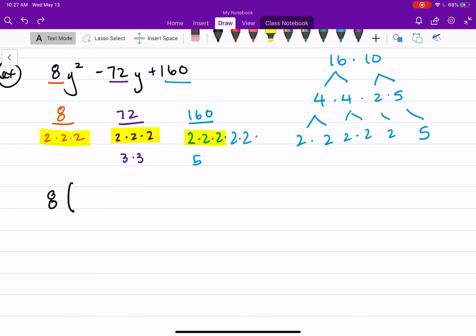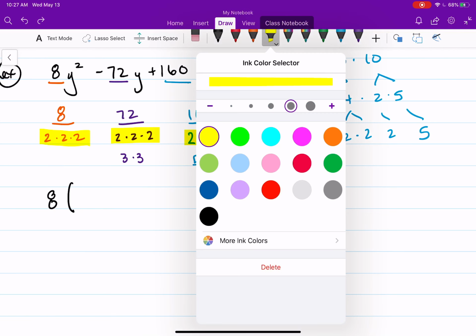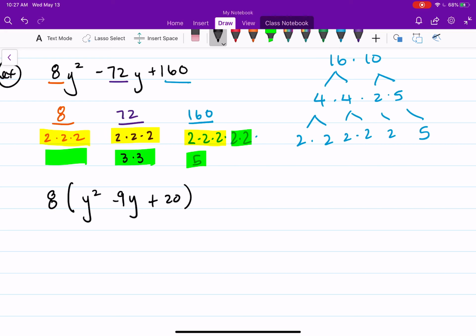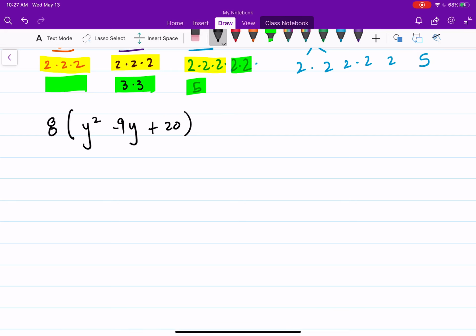Let's use a different marker. Let's use green. I don't have anything here, so I have a y squared left. I have 3 times 3 here, so I have a minus 9y. And over here I have 2 times 2 times 5, which is 20, and no y. Okay? So everybody see that?